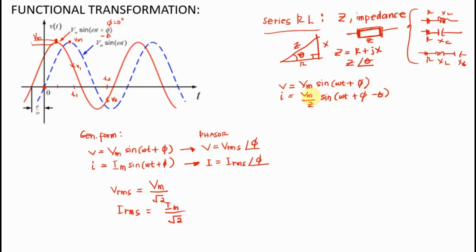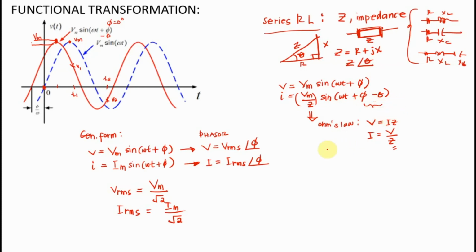Why? Because this is from Ohm's law. Using Ohm's law, we have V equals I times Z, so I equals V over Z. Since this has an angle in the denominator, when you move it to the numerator it becomes negative. That's why you have the subtraction, phi minus theta.